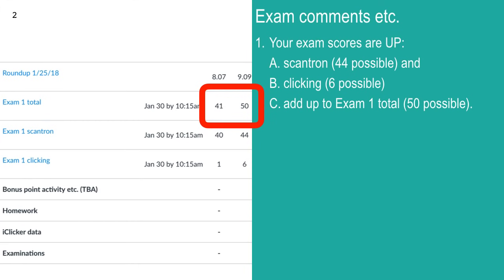It changes your grade if you get 53 out of 50, but it doesn't change the denominator. That 50, the notional basis for that grade, does not change. Anything that you get bonus-wise goes into the numerator, but not the denominator. So the denominator stays at 50.